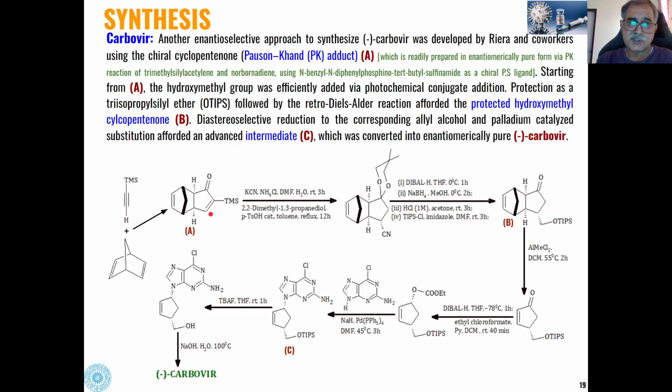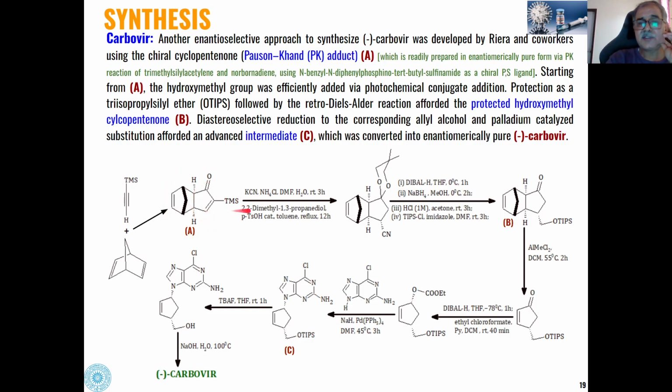This is used as a substrate, and this is synthesized from this bicyclic compound, from trimethylsilyl and norbornadiene, this one. So when they condense with each other, a cycloaddition reaction, they will give us this Pauson-Khand PK adduct.